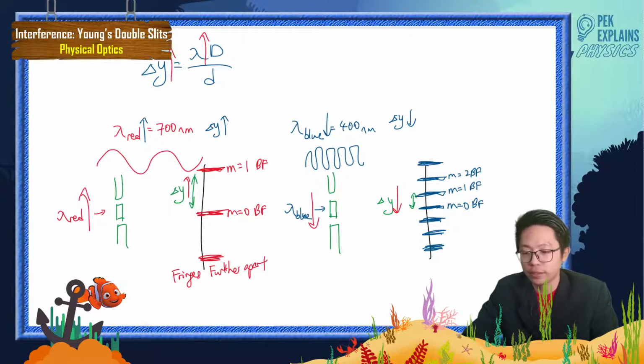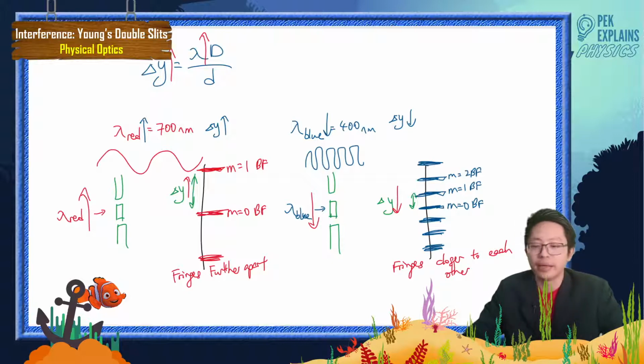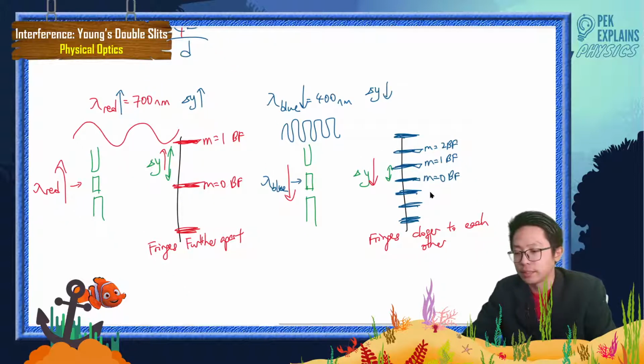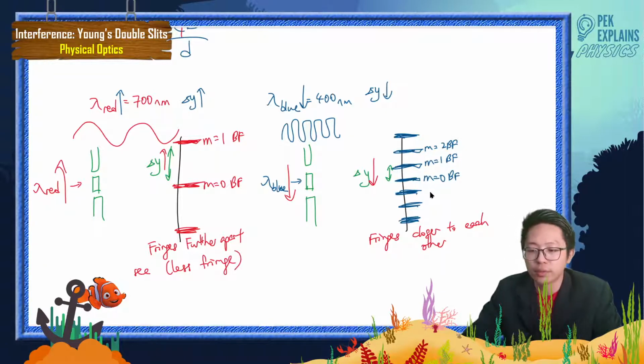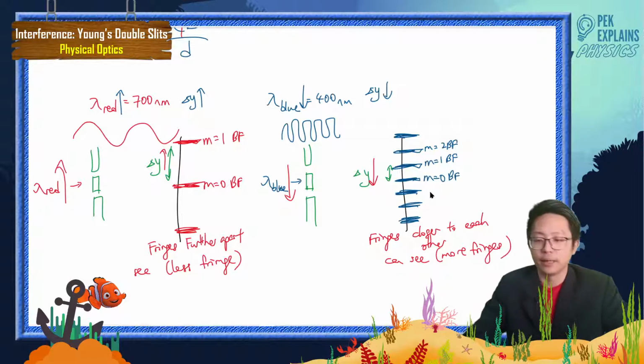In this one, the fringes are closer to each other. And here you can see fewer fringes on the screen, while here you can see more fringes on the screen.